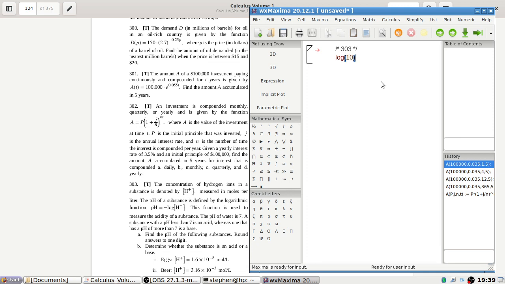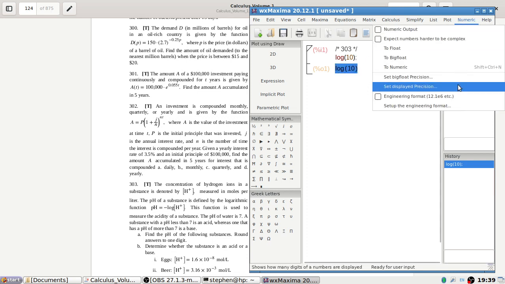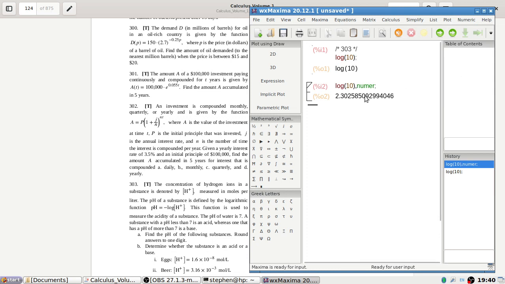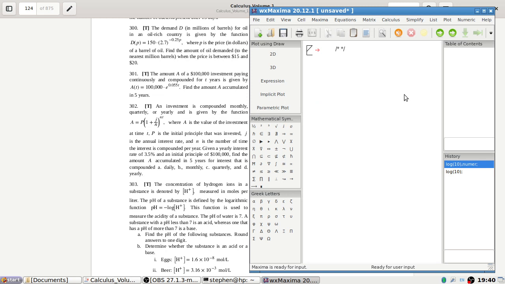What's the normal base here? Okay, so that's not base 10. So I'll have to fix that.